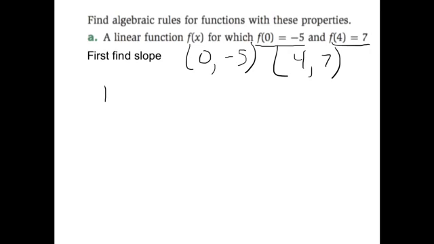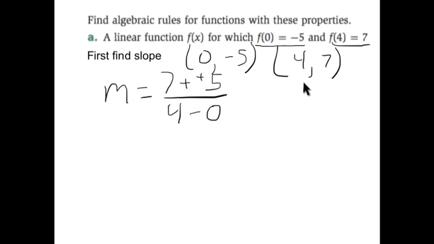So finding slope just involves taking the difference in the y values, so that's 7 minus -5, which of course is the same as adding a positive, over the difference of the x values, so that's 4 minus 0. Please notice that I started with this point over here because the numbers were bigger.